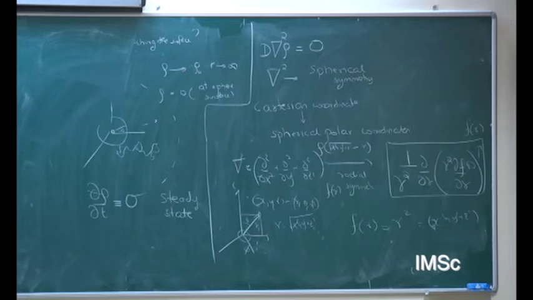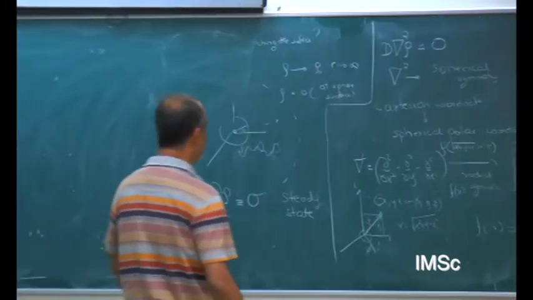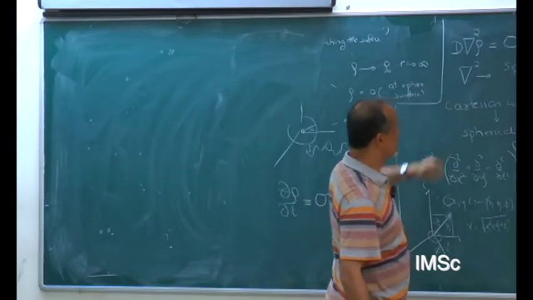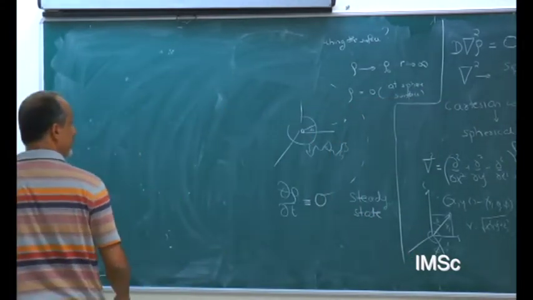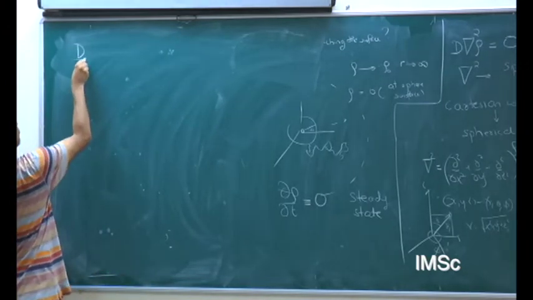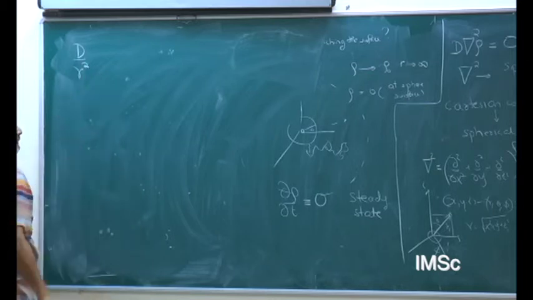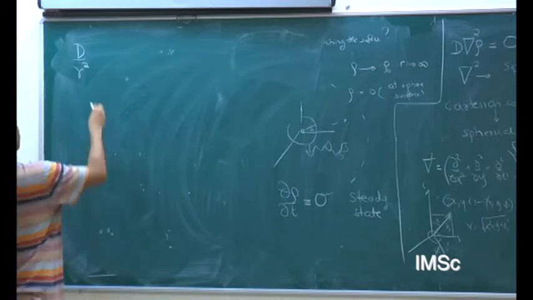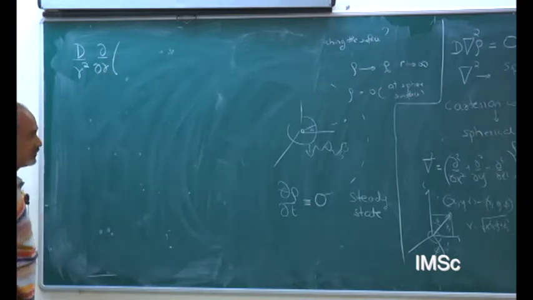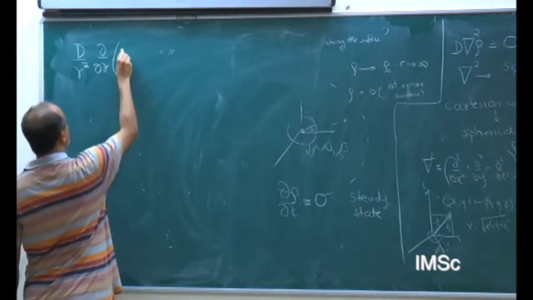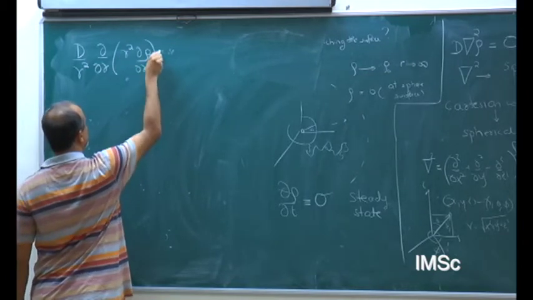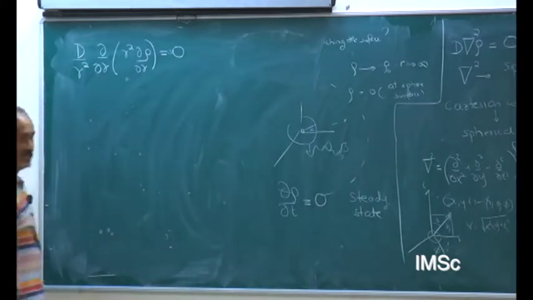Okay. So now when we go back and put it in our equation for the steady state, which means we have to solve this particular equation here, what we have is d over r squared delta by delta r of r squared delta rho by delta r must equal 0.